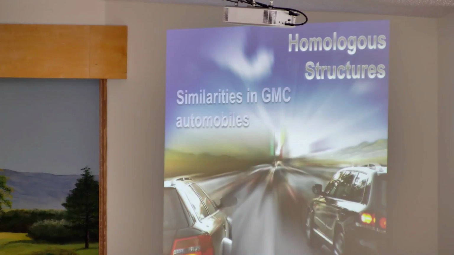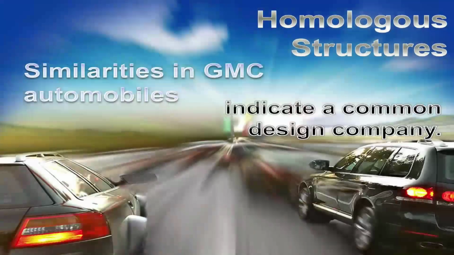Many GMC vehicles, for example, will use the same tires, the same brake systems, windshield wipers, light bulbs, and even have very similar body shapes in some cases with each other. Why is that? Well, because they evolved from each other. They came to life and morphed into another car. No, it has nothing to do with that. Their similarities exist because they were designed by the same company.